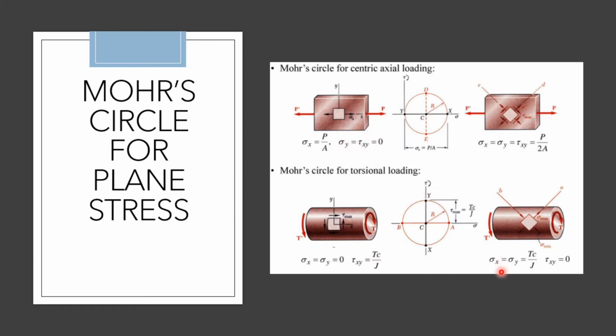And lastly, for the torsional loading, as we can see, sigma x is equal to sigma y is equal to Tc over J, and tau xy is equal to 0.